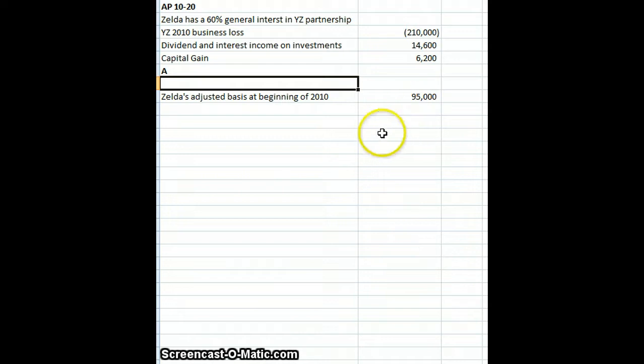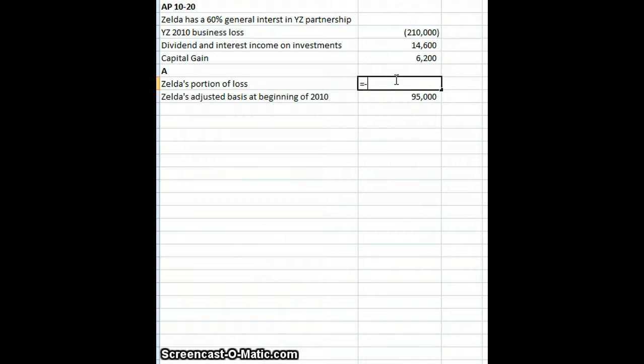Okay, so Zelda's portion of loss is going to be equal to our $210,000 times 0.6.